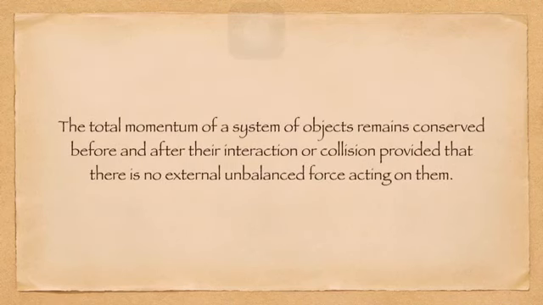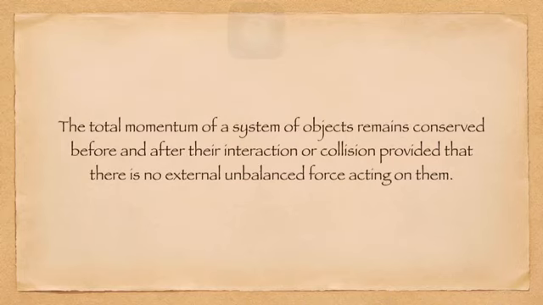Okay, so this is the law of conservation of momentum. So let us see the law. The total momentum of a system. Okay, so what type of system? It is an isolated system. Clear? So the total momentum of a system of objects remains conserved.